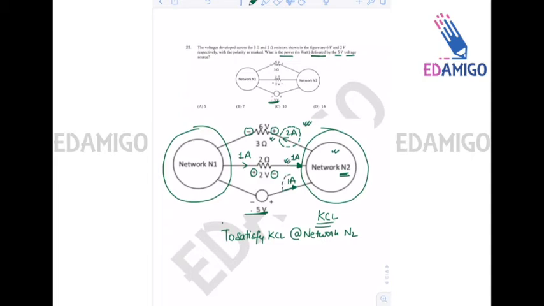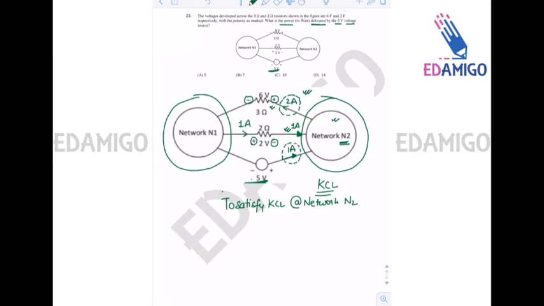So how much current should enter from the third branch? 1 ampere to satisfy KCL. So simple concepts that I have already told you in the previous videos. So this is a simple concept that is being used here also.